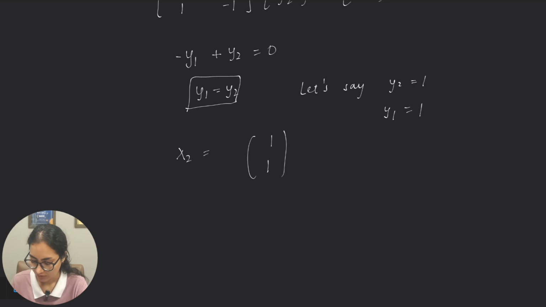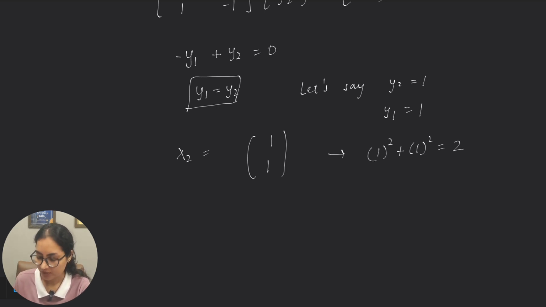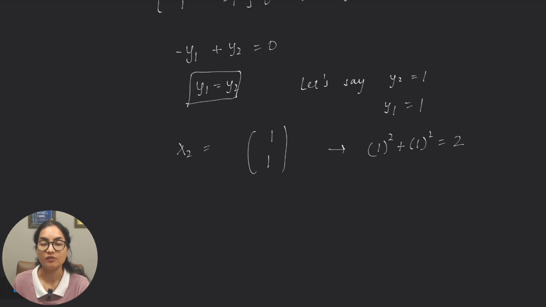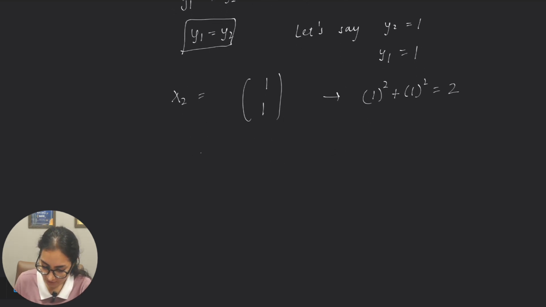Now this is not complete because if I square the values and add them, it's 2, it's not 1. It has to be unity in order to have a normalized eigenvector. So to normalize it, let's say it has a coefficient a in front of them, and a times 1 squared plus a times 1 squared should be 1.